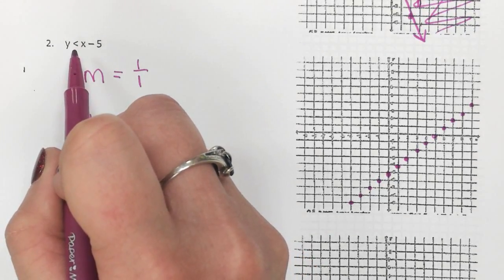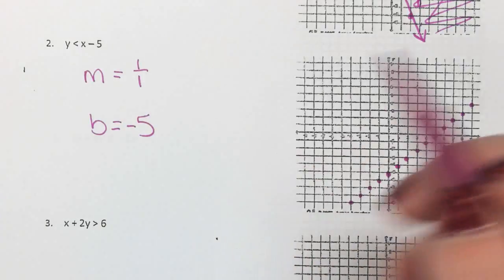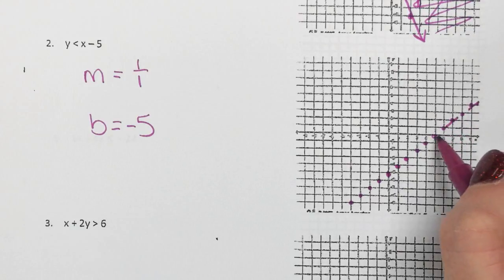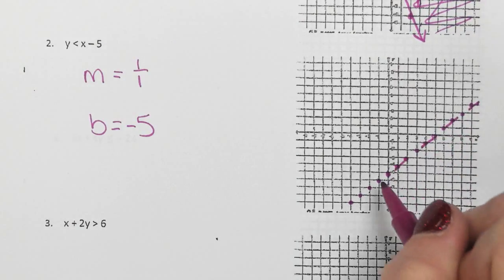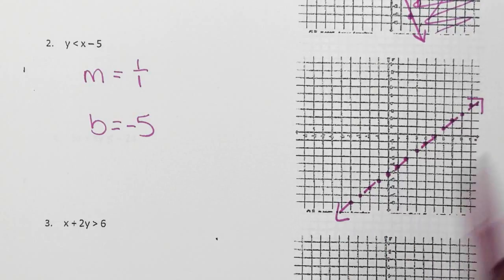Does this get an open line or a closed line? Open. And open lines, somebody already told us, were dotted. So if you skip every other one, it'll make it look like it's dotted. I don't really care how you do it. Just make it look like it's dotted. If you connect every single dot, it's going to look solid, so be careful.